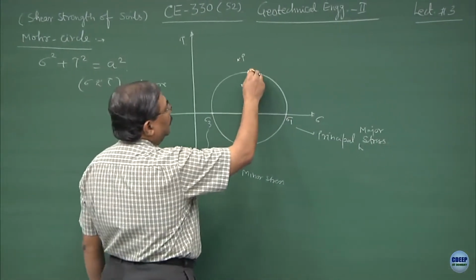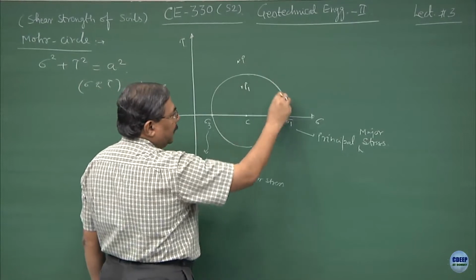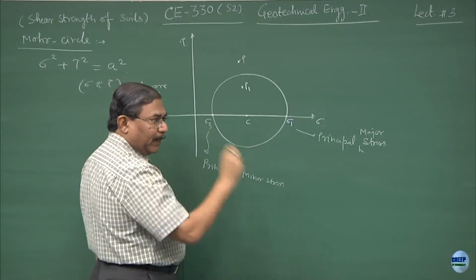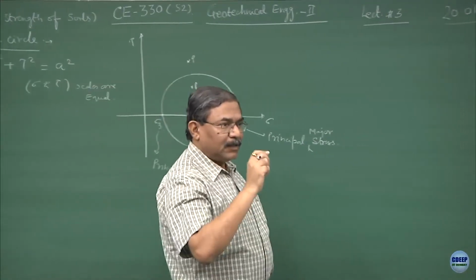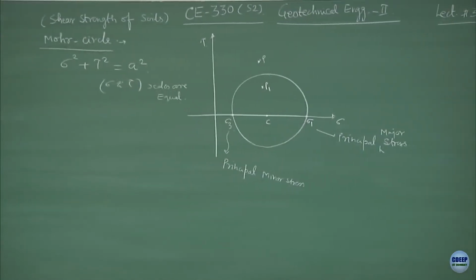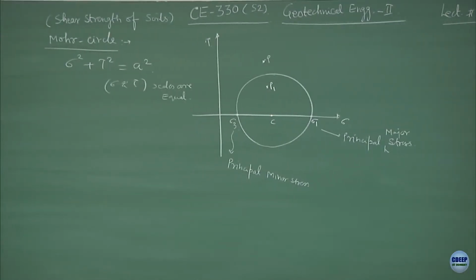So in short, the Mohr circle defines the state of stress acting at a given point, which is sitting on a plane along which the failure is about to take place. So for all practical situations, the point is still in equilibrium, alright.